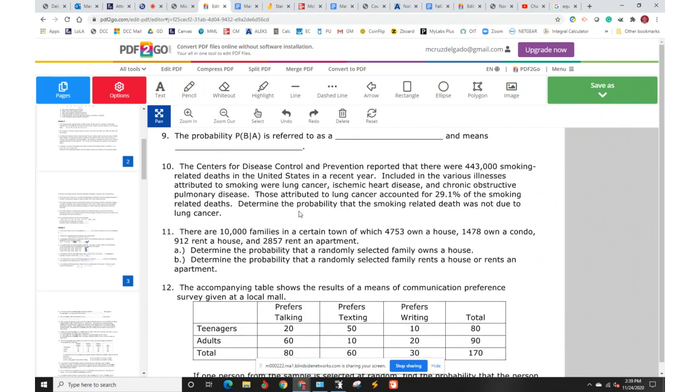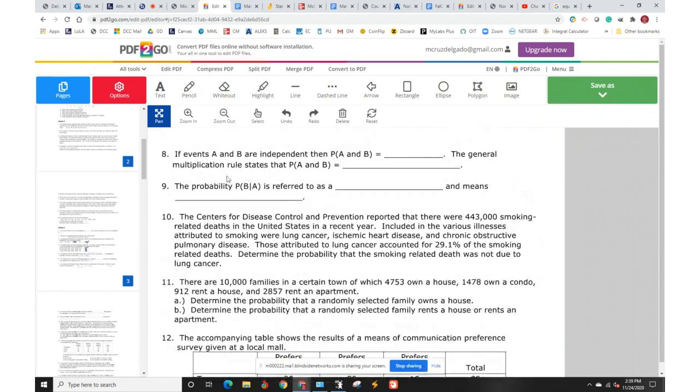All right, so the addition rule is for or. Or means add. Let me just write that out here. If you can kind of wrap your head around this.